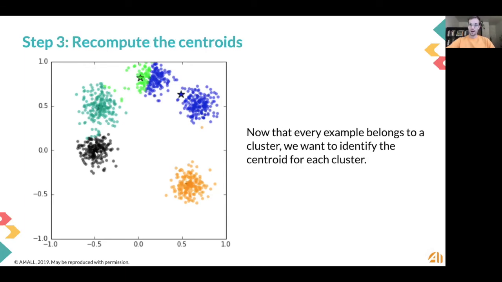Now, we alternate to a different step where we recompute the centroids. So now we fix the colors of the points and figure out the place that is the average center location from all of those points. So that's going to move a little bit. And again, the clearest way to see this is with that blue star on the right-hand side.